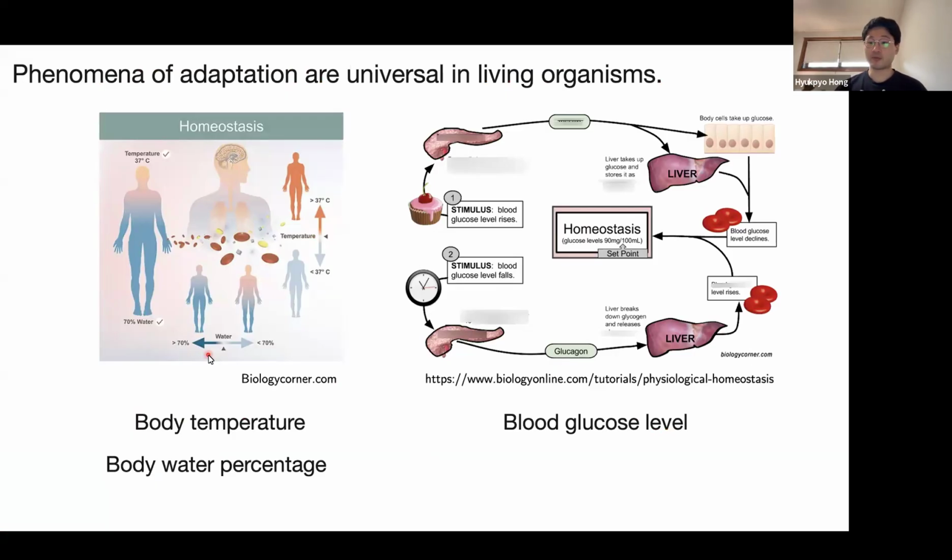We maintain our body temperature or body water percentage despite the changing environment, like the temperature outside or surroundings. And also our glucose level remains nearly constant, although we have lunch and dinner every day. So these are examples of phenomena of adaptation.